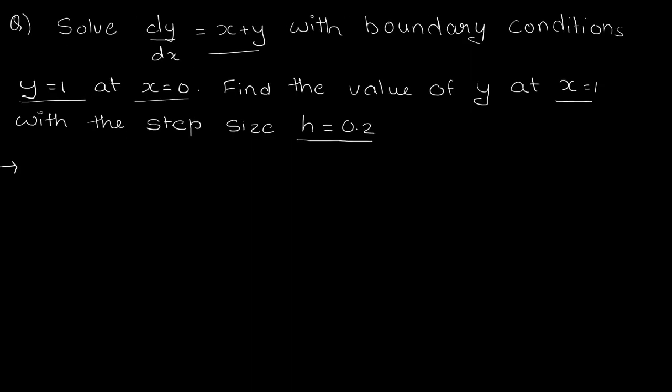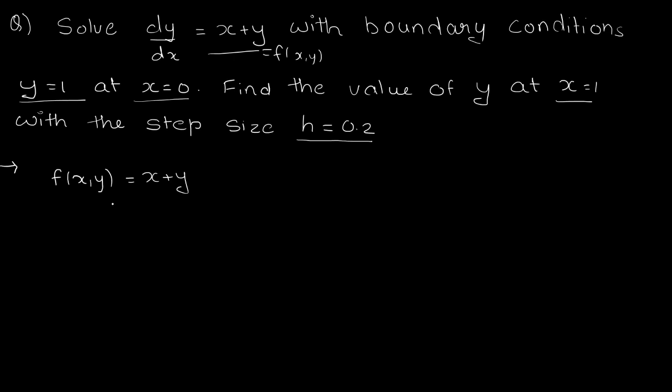Our format is dy by dx equal to f of x comma y. So from here I know my f of x comma y is x plus y. If it is not in this format, as in the problem which we solved just now, then we will have to convert it into this format.